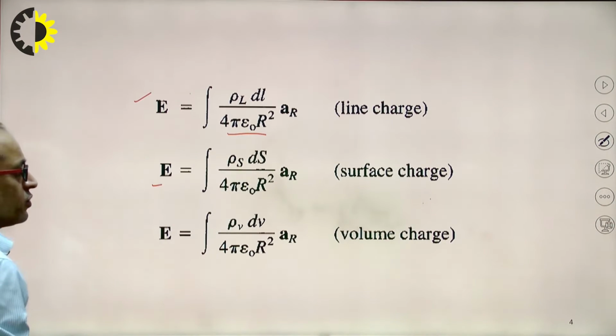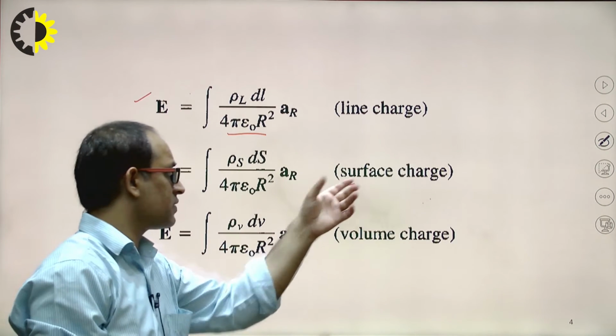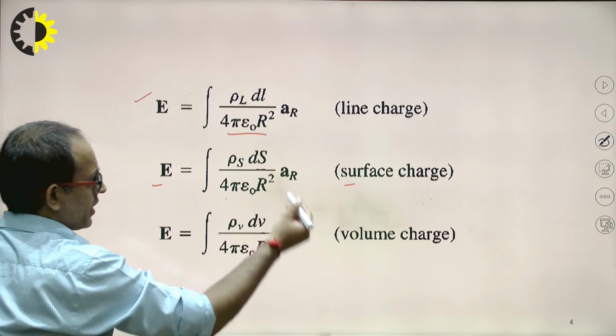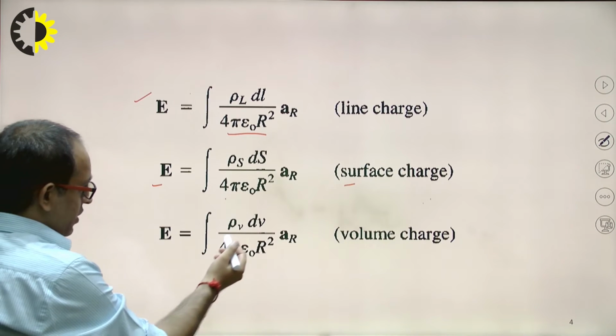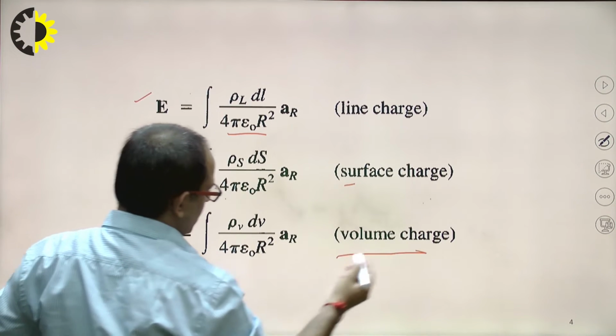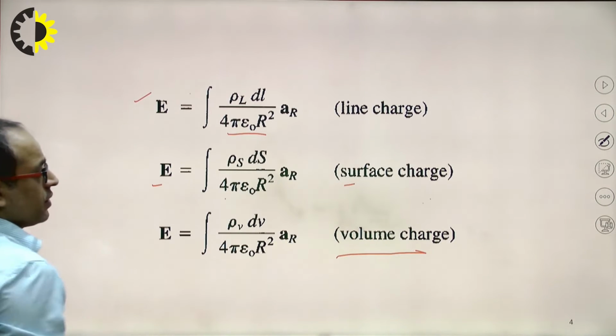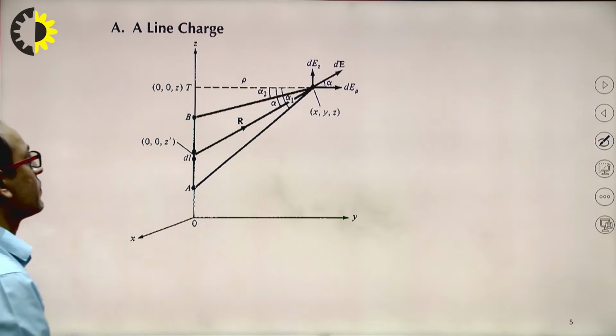You know that E equals force upon q. The electric field due to a surface charge is rho S dS upon 4 pi epsilon naught r square a cap r. The electric field due to a volume charge is rho V dV upon 4 pi epsilon naught r square a cap r.